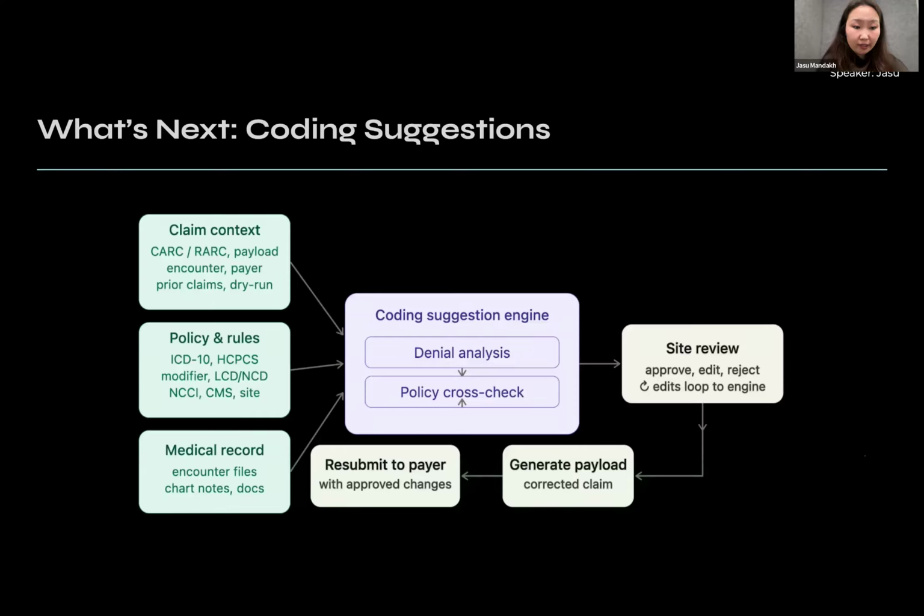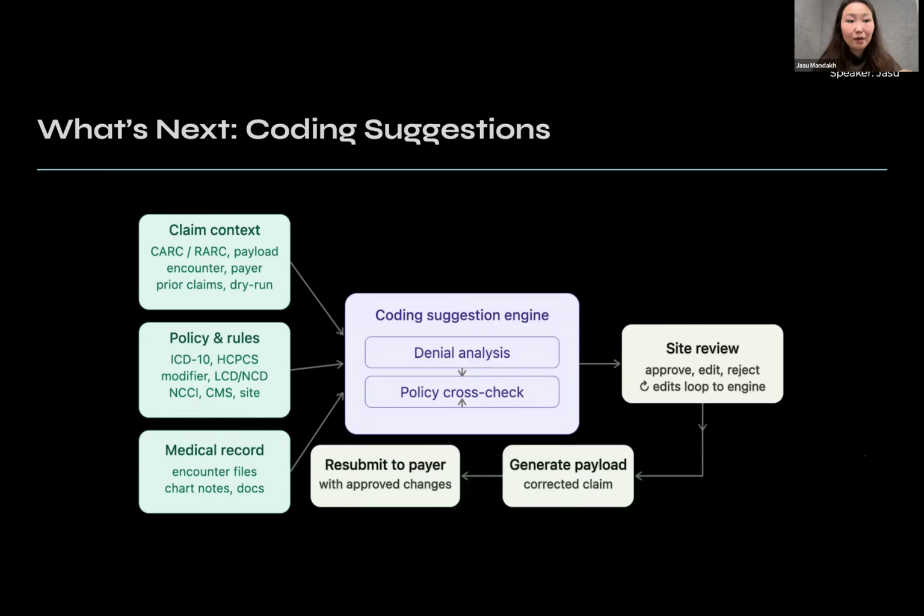And for the claim, we look at the payloads that we submitted, previous claims submitted for the patient for that insurance, how those claims were coded, and the payer, and then we dry run all of those. Then we analyze that data, cross-check with the policy, and generate a suggestion. Hopefully it is highly accurate so that you can directly apply it.